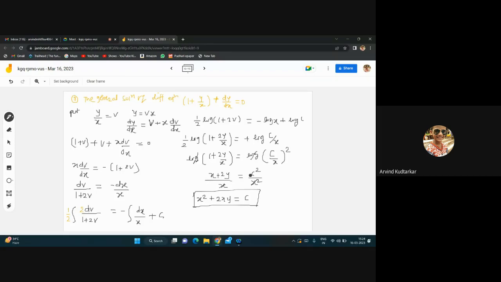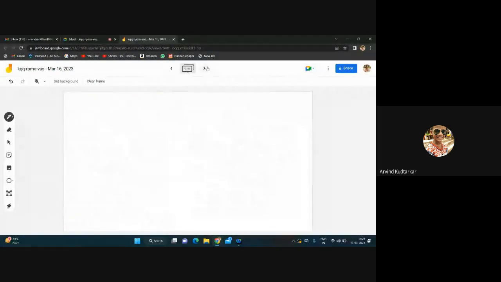Which one is the correct option for the general solution of the differential equation? x square plus 2xy is equal to c. This will be the correct option. Okay, see here the next.